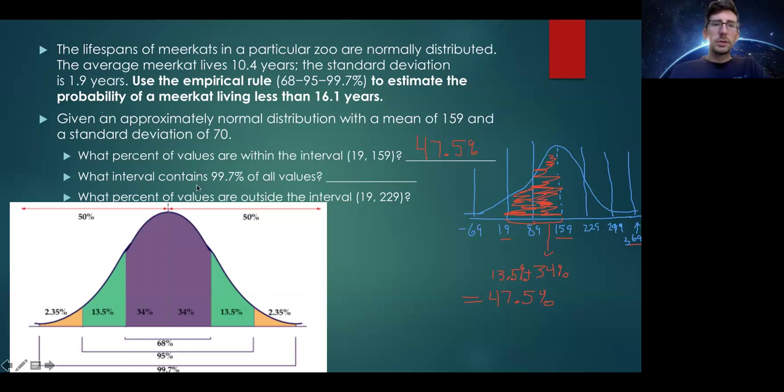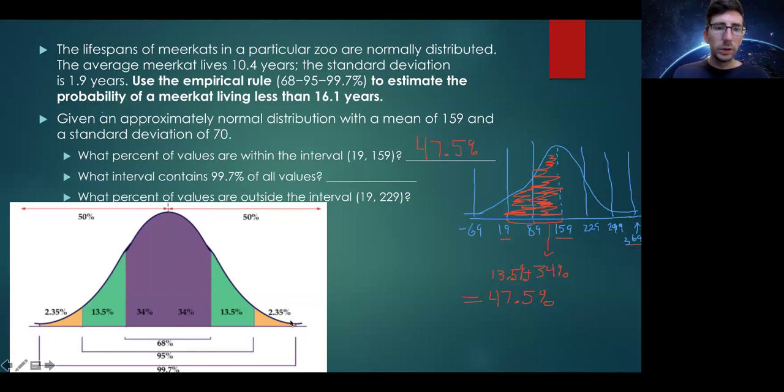Okay, now it's asking us almost the inverse of this question. It says, what interval contains 99.7% of all values? Well, if we go back to our cheat sheet, a part of this rule is that 99.7% of your data lie 3 standard deviations above to 3 standard deviations below.